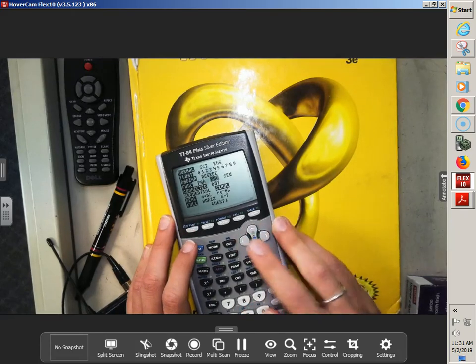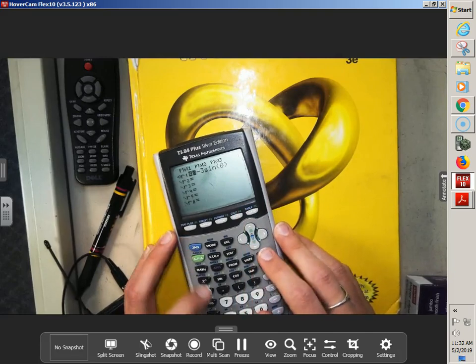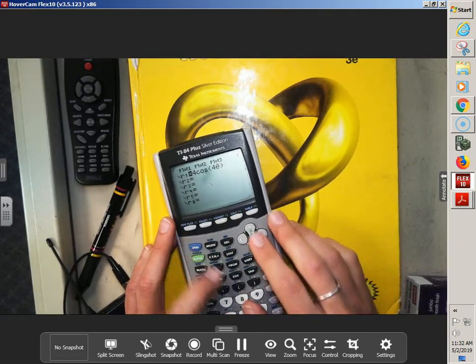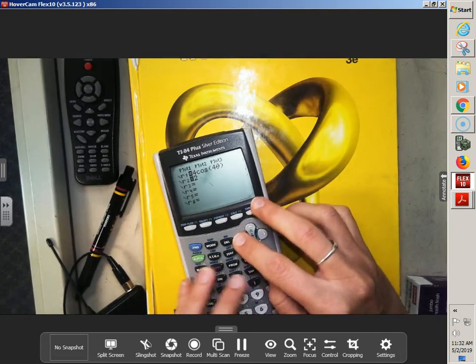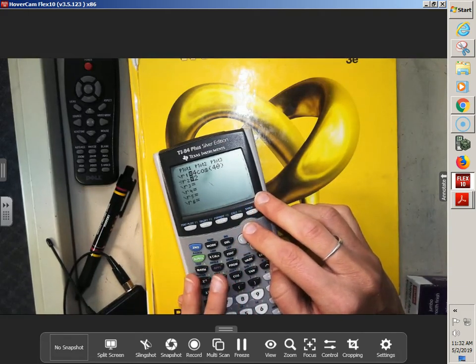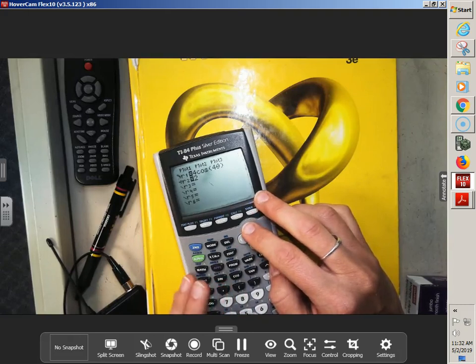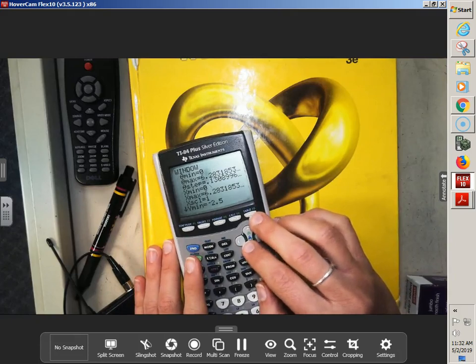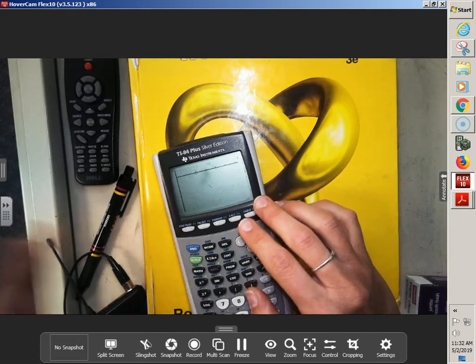Just to make the bounds for the polar curve, 4 cosine 4 theta. And then the circle's 2. I need to look at my circles. I'm going to go ahead and do it in the first quadrant just because I know that I need it in the first quadrant. I'll graph and then look at it.